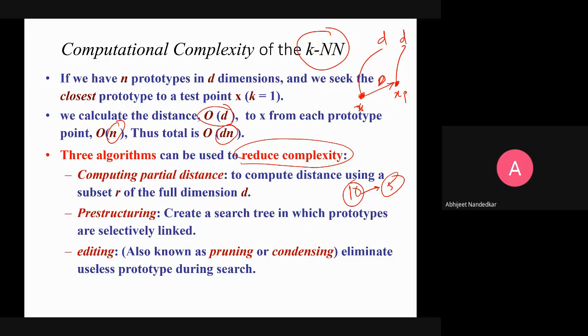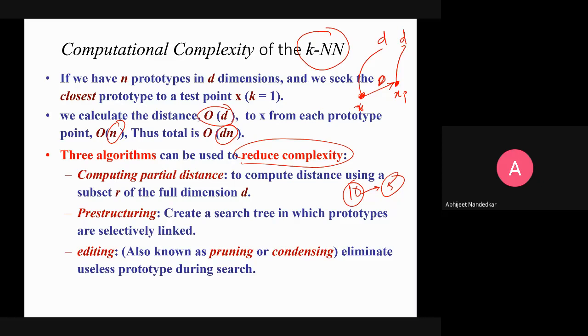That is possible, and it is called partial distance measurement. The second approach is to create a search tree in which prototypes are selectively linked. We can form some relation between the prototypes, and then we can avoid calculating distances every time.